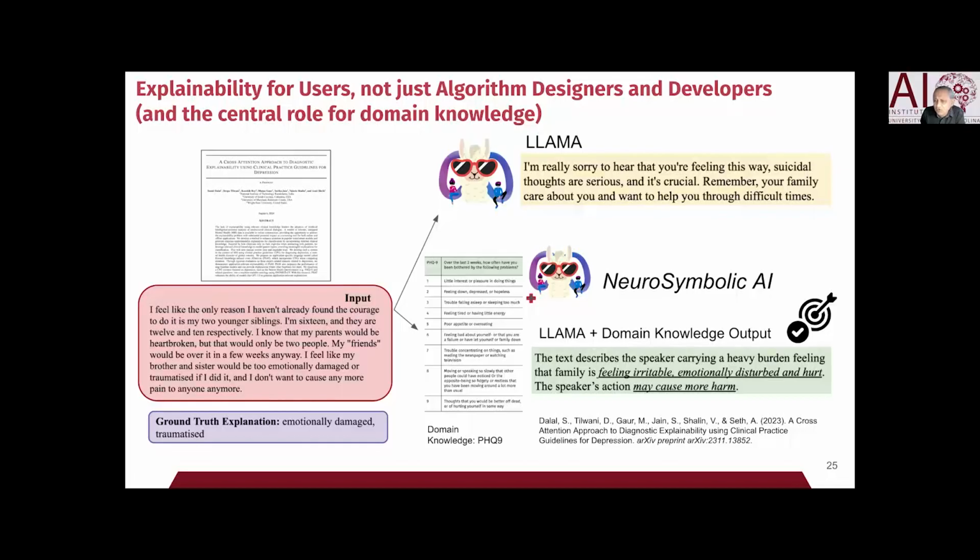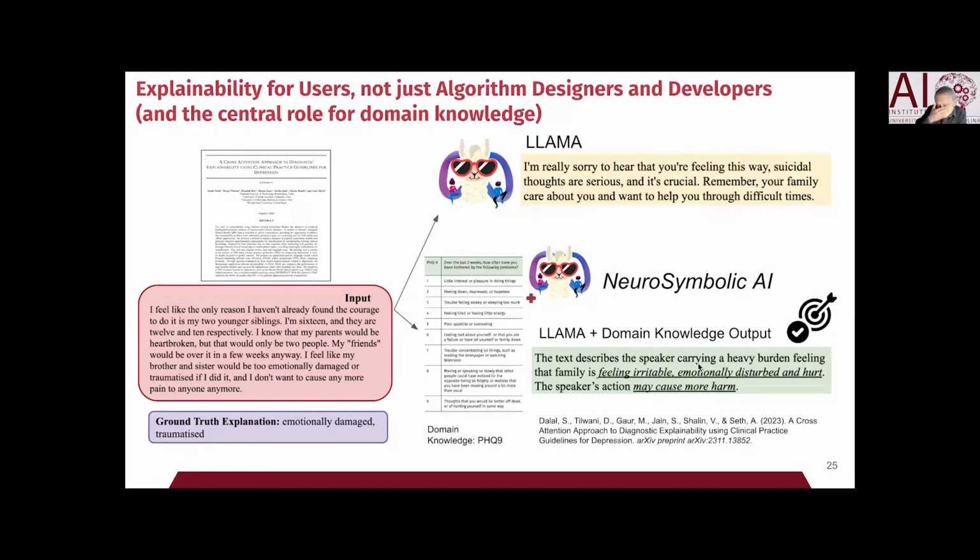What you need to do with neurosymbolic is use domain knowledge and understand the conversation and exchange, so you'll be able to tie to specific medical concepts and what they mean, as I try to show in the bottom right.